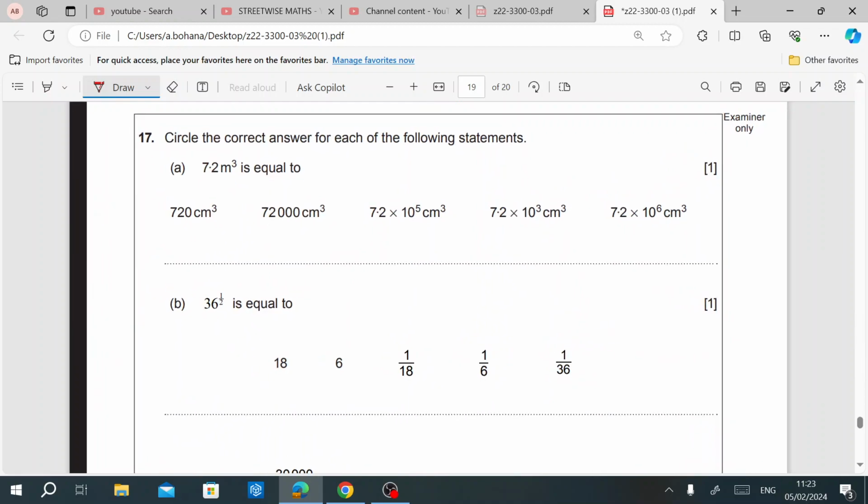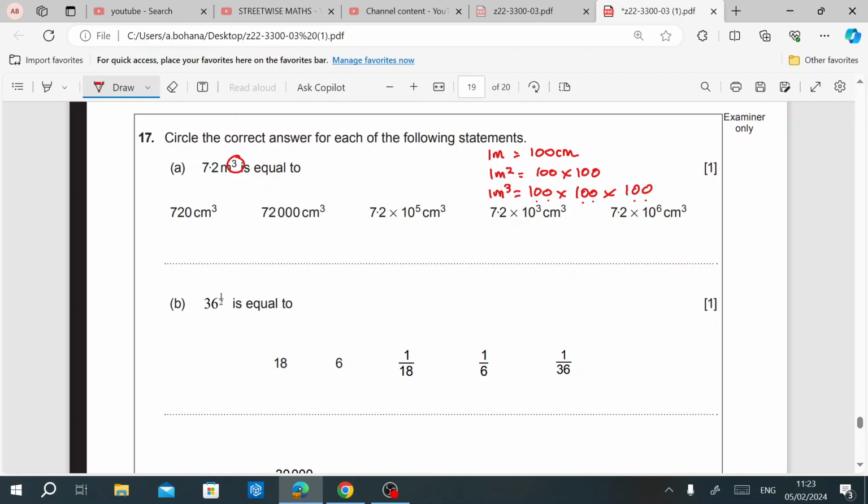All you need to remember with these types of questions is this. 1 meter is 100 centimeters. So 1 meter squared would be 100 times 100. But this is cubed. So it's effectively 1 meter cubed is 100 times 100 times 100. 1, 2, 3, 4, 5, 6 zeros altogether, okay?